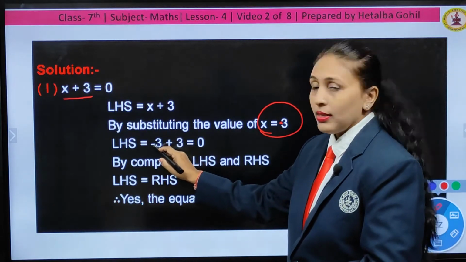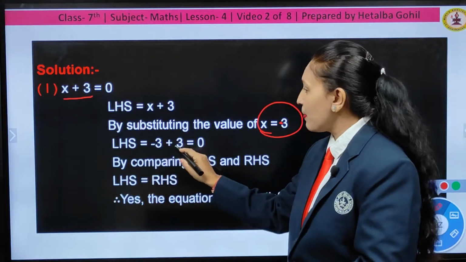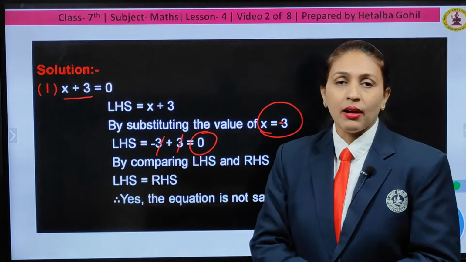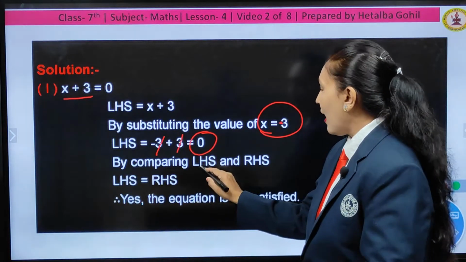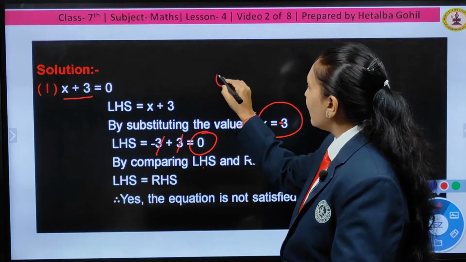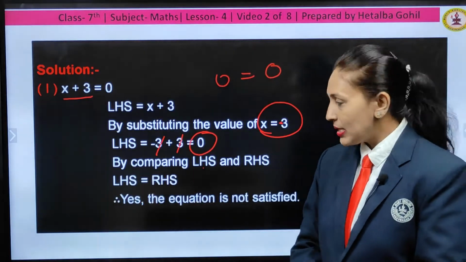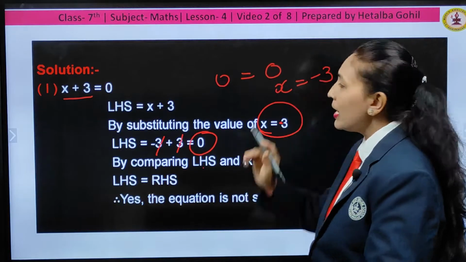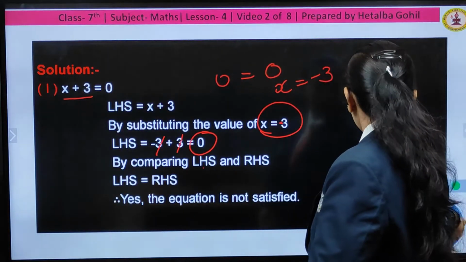Since the signs are opposite, it becomes 0. That means we get our right hand side answer as 0. So when we compare LHS and RHS, both sides are 0, equal to 0. That means yes, the value x equal to minus 3 satisfies the given equation.